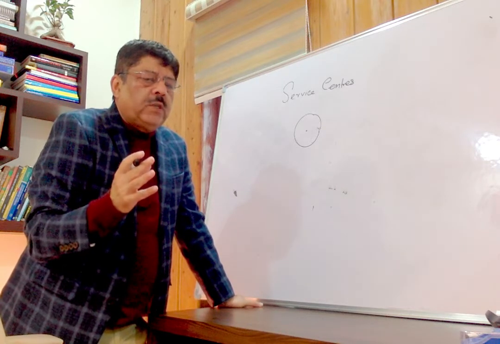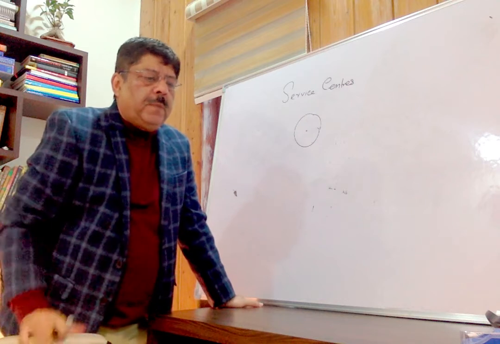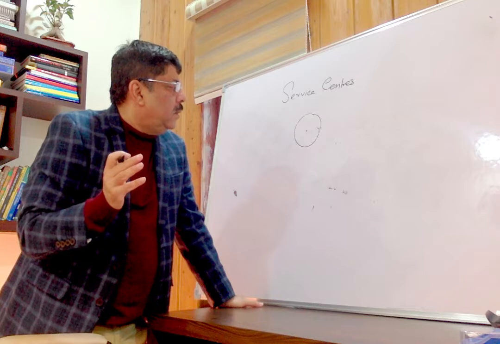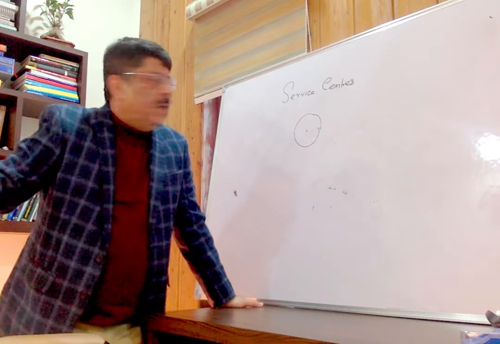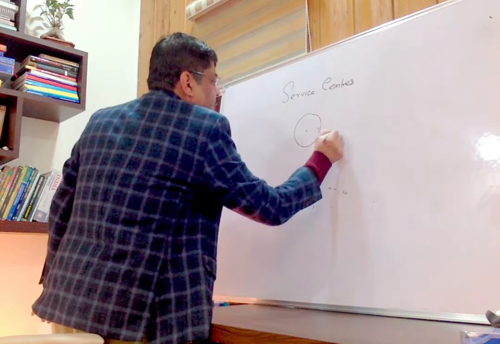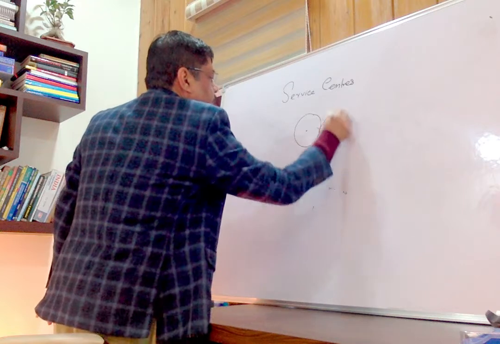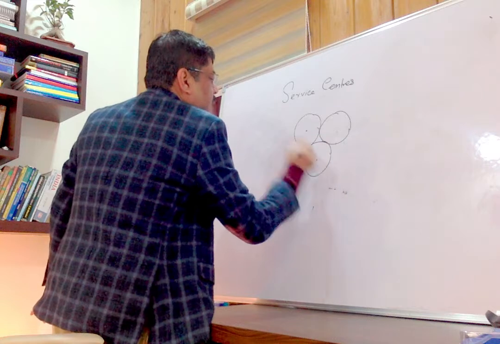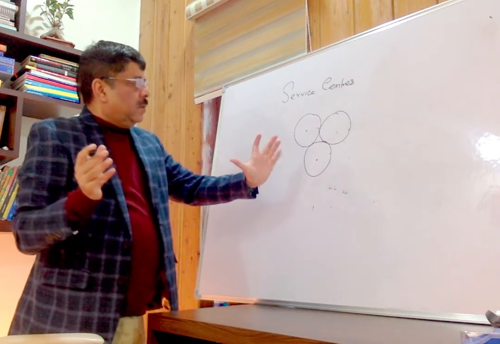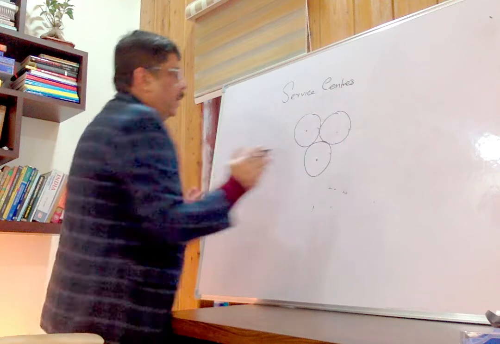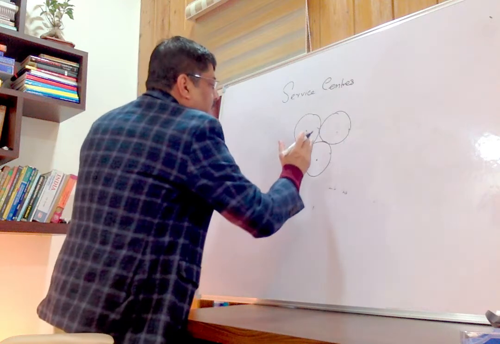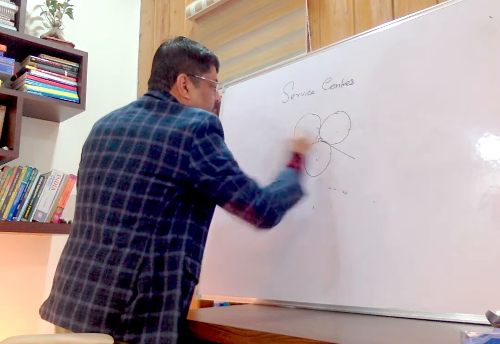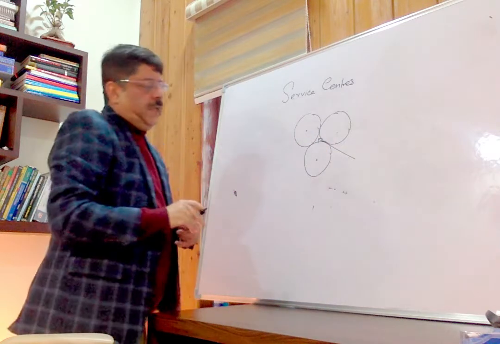Why has he not chosen the circular shape? Because if we choose the circular shape, then either there is an overlapping or an unserved service area.